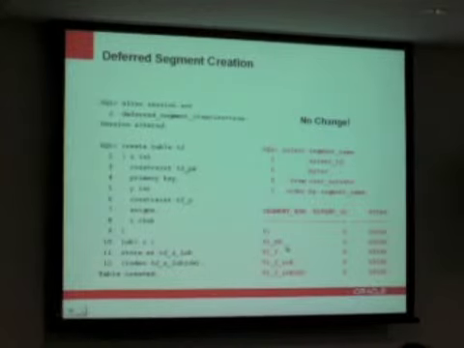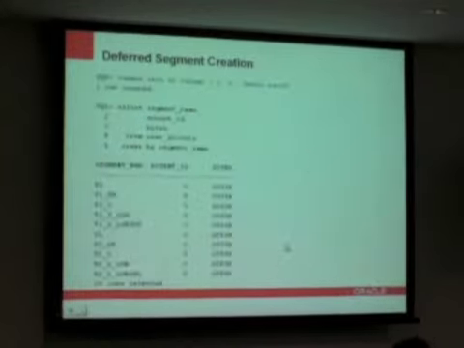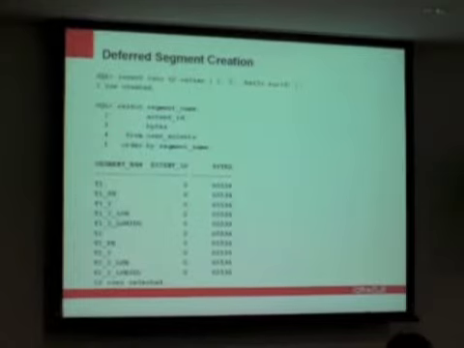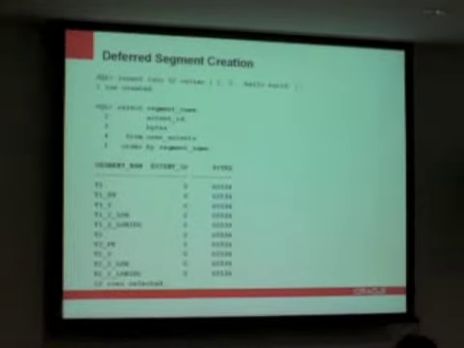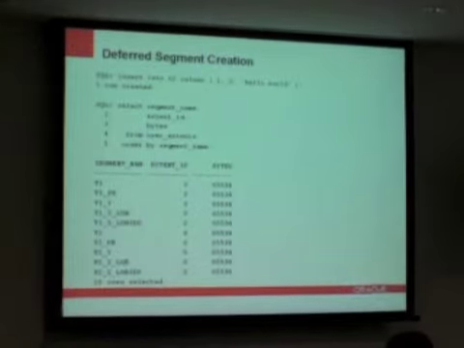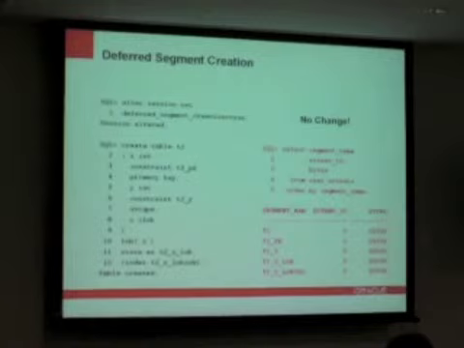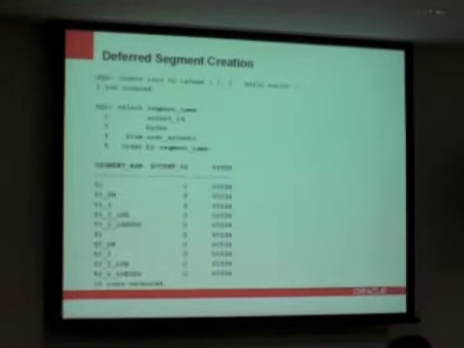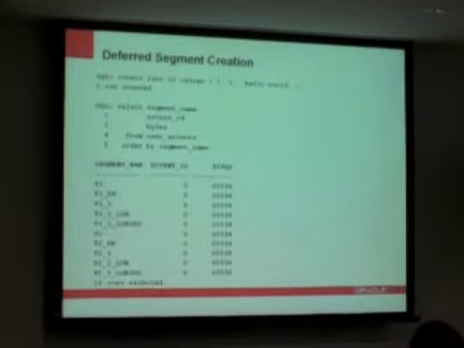Not until I actually use that table. When I do the insert and then look in user extents, the storage would have been allocated because I needed space for my table, my indexes, my large objects. So as long as that table would stay empty, no extents would be allocated. It will not be until I actually need the storage that we'll go out and get it.